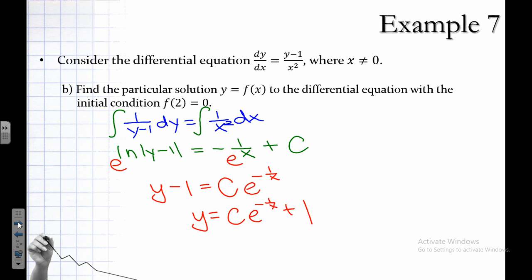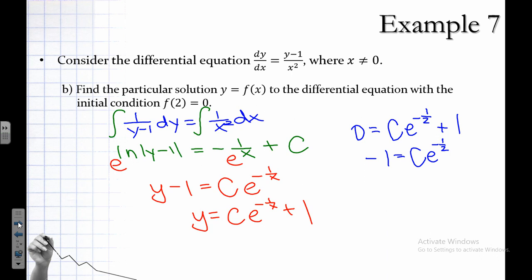Now this is where it gets fun, because we have to solve for c. So our initial condition is 2, 0. Okay, so we're going to subtract 1. How do we solve for c?